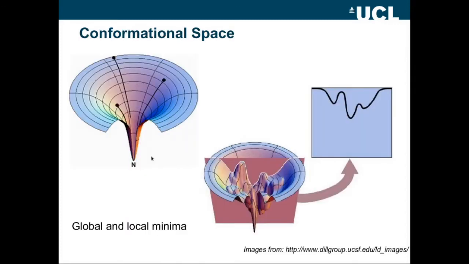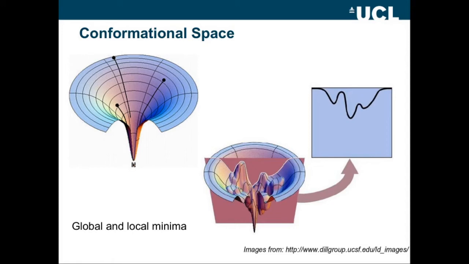So this idea of conformational space is one in which we think of an energy landscape. Now, this is obviously a very, very much simplified view, and here we've basically only got two variables in shape going along x and y, and then we have an energy variable being plotted in z.